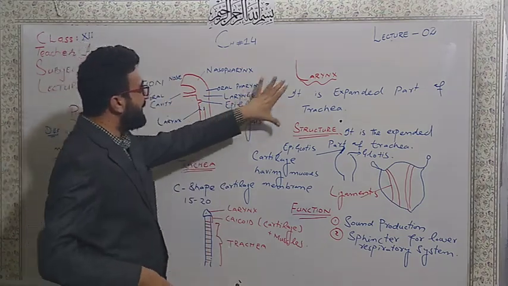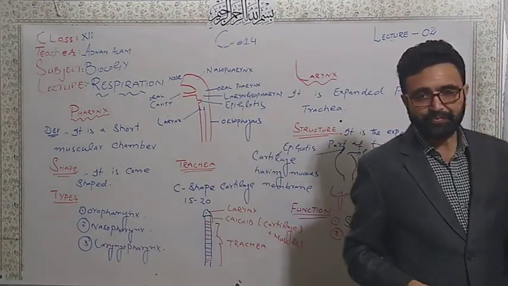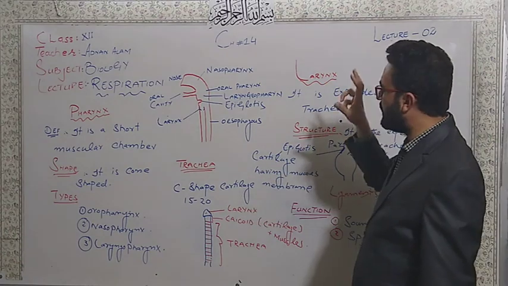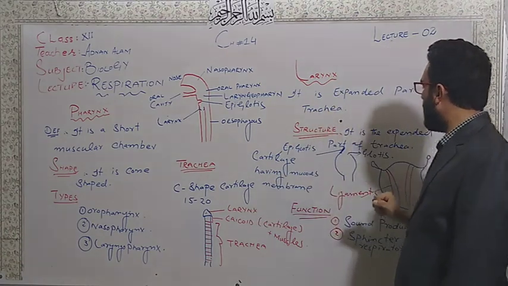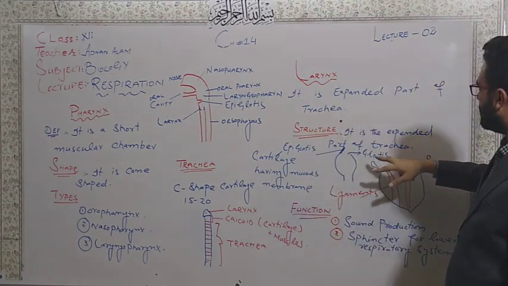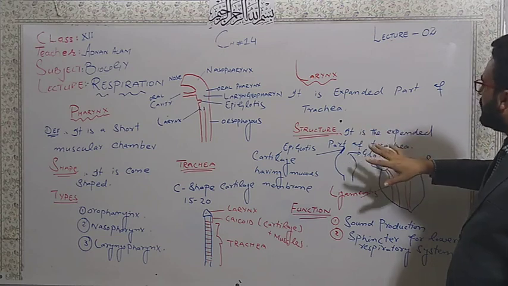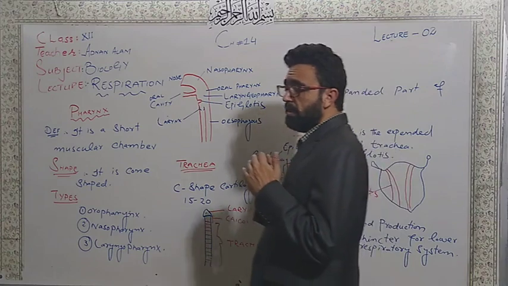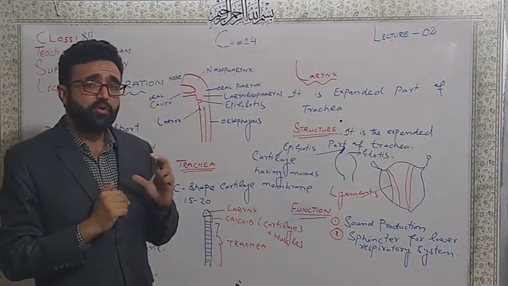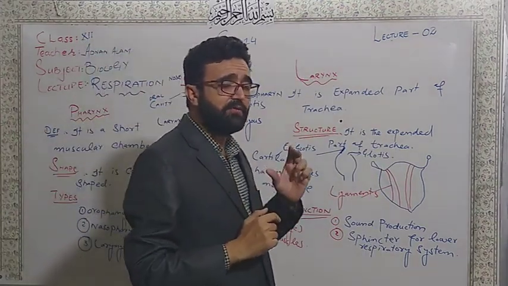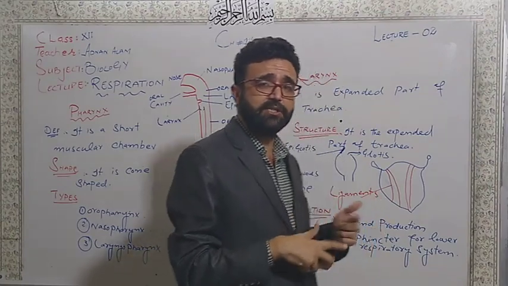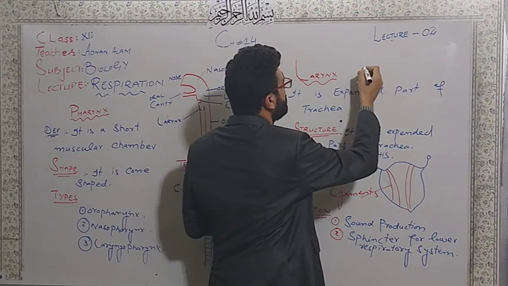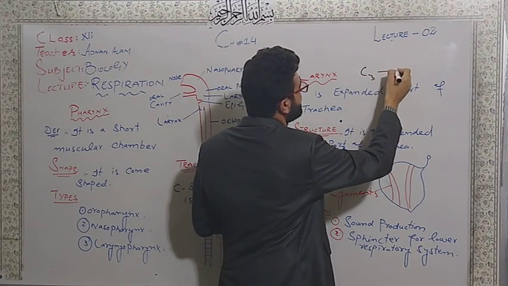Now next is the larynx. The larynx is the expanded part of the trachea or the windpipe, and its structure is usually cartilaginous. You have to know that it is located between cervical vertebra 3 and cervical vertebra 6, C3 to C6.